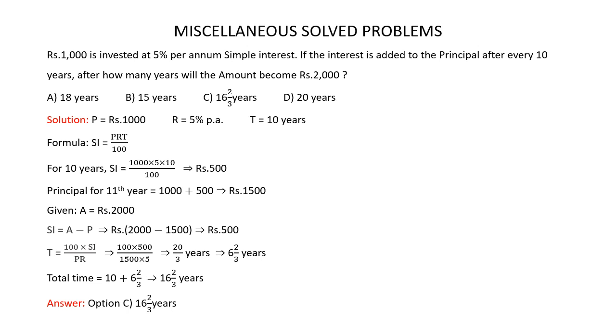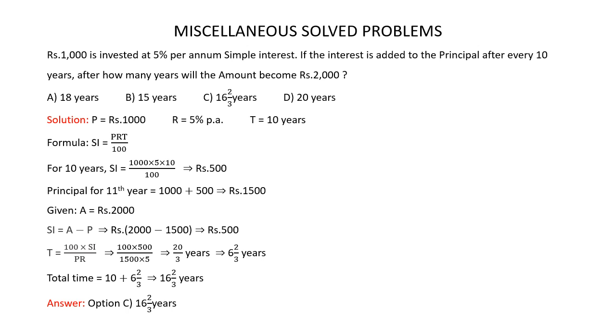Now we know that simple interest is rupees 500, principal is rupees 1500, and rate of interest is 5% per annum. So using these values, let's find out the time taken by the principal of rupees 1500 to become an amount of rupees 2000 using the formula T is equal to 100 multiplied by SI divided by PR.